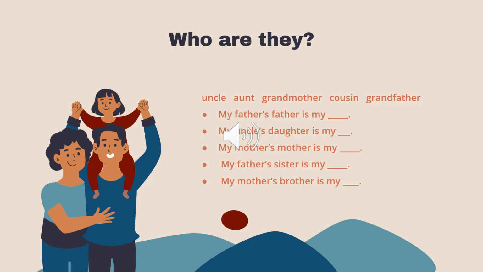My uncle's daughter is my, what is she? My mother's mother is my, what is she? Fill in the gap there. My father's sister is my, what is she? Do you know? Write the name. Finally, my mother's brother is my, what? Fill in that gap.